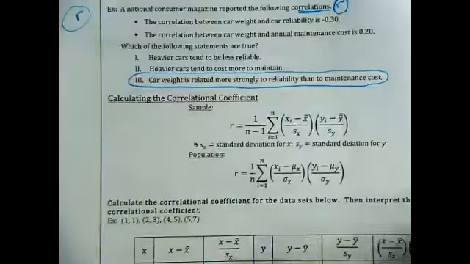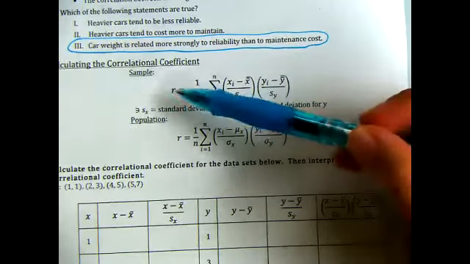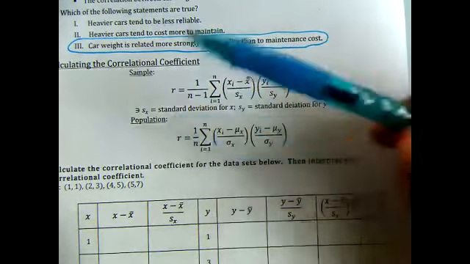Okay. So now we're going to take a look at the process of calculating the correlational coefficient. So let's pay attention, okay? So R, there's a sample formula and then there's a population formula.